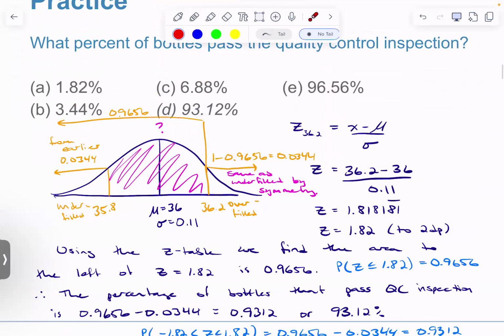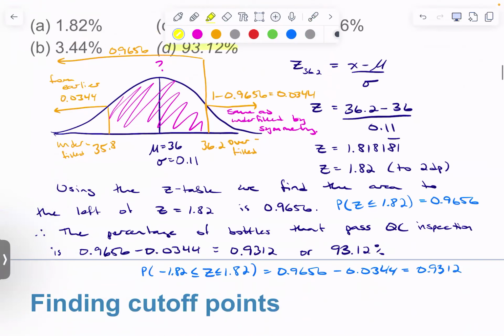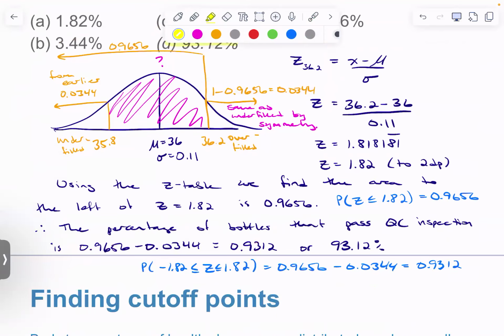93.12%, there it is. Whew, this is a lot of work for a multiple choice. Do you want it to be in decimals or percentage? I'm not going to be too picky.